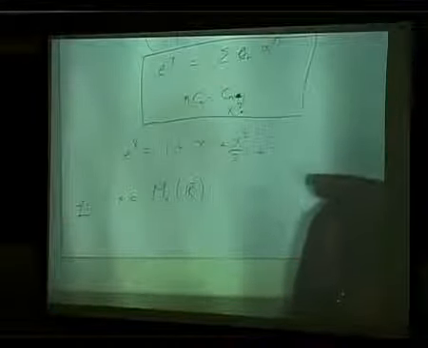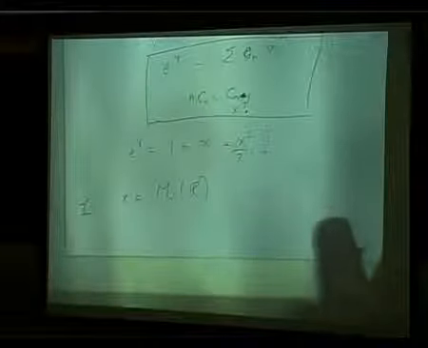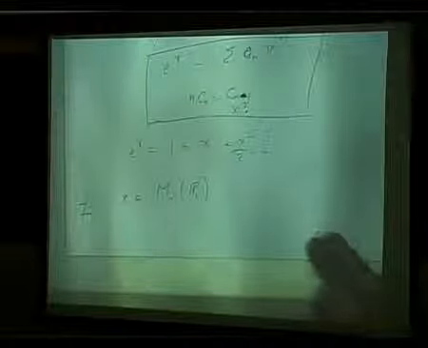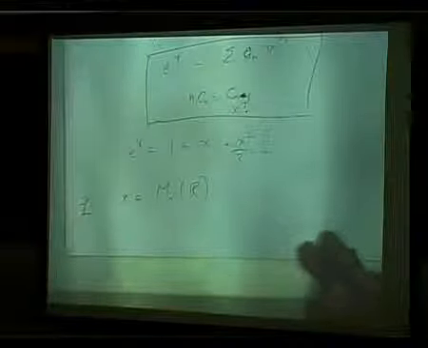So you can form x to the power n divided by n factorial, and I can write down this infinite series. What does that mean? What do you mean by a series? You take the partial sums of the series, the sum up to n.